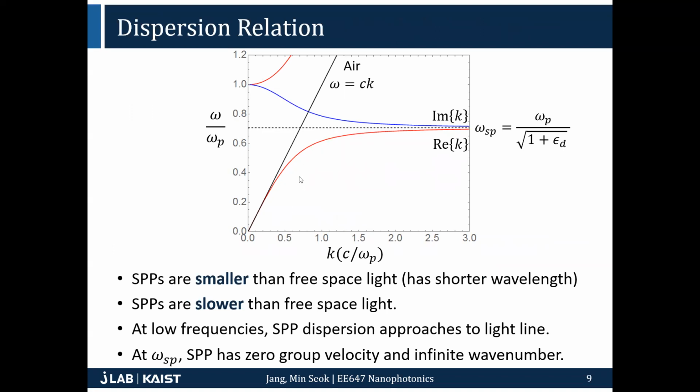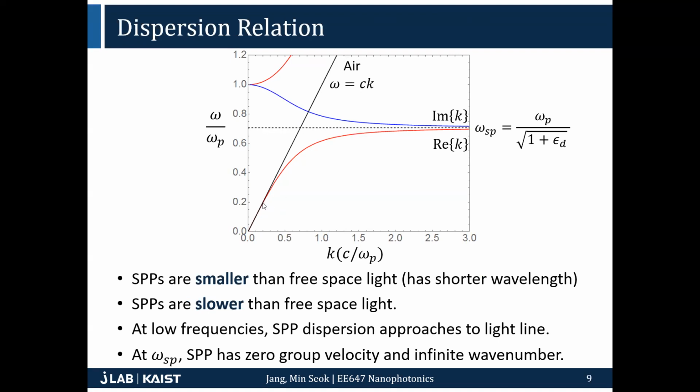As I said, as the frequency omega approaches the surface plasmon frequency, which is defined like this, your K vector tends to diverge. Whereas as omega approaches 0, then the surface plasmon dispersion relation approaches the free wave, right?